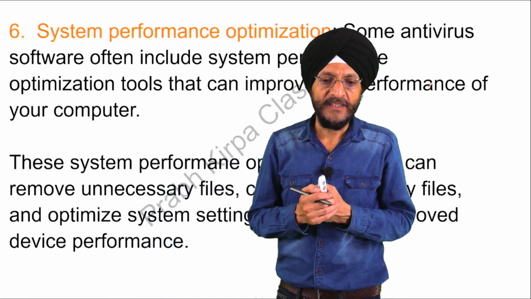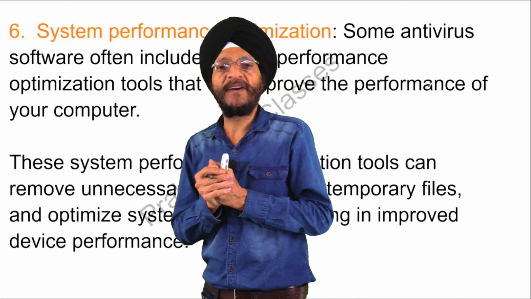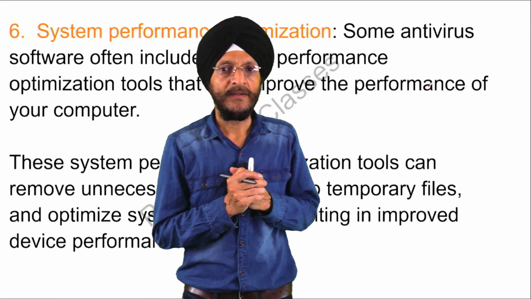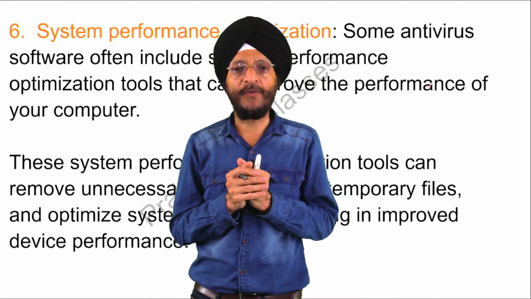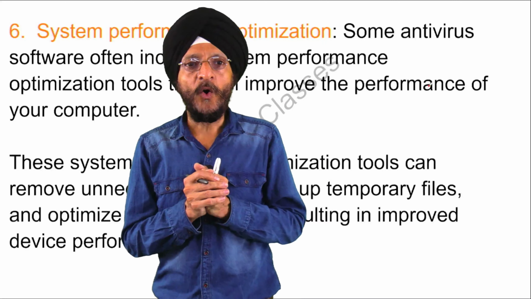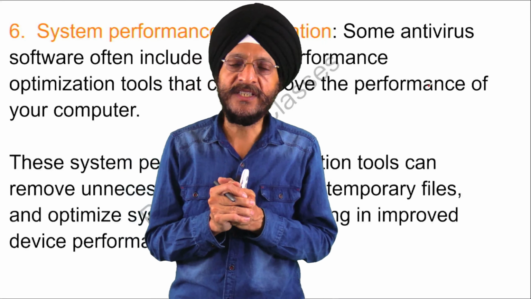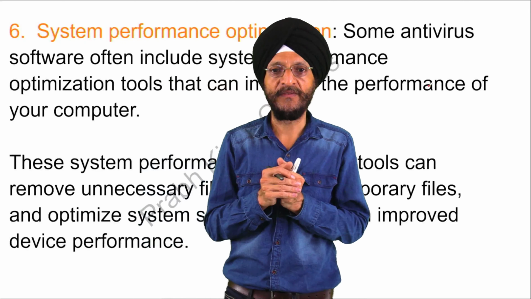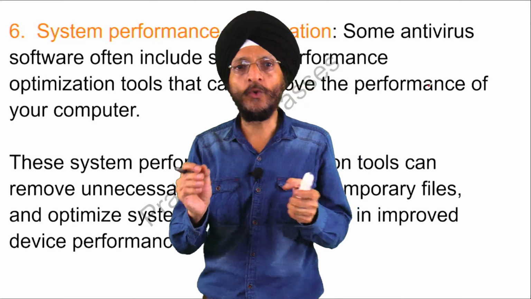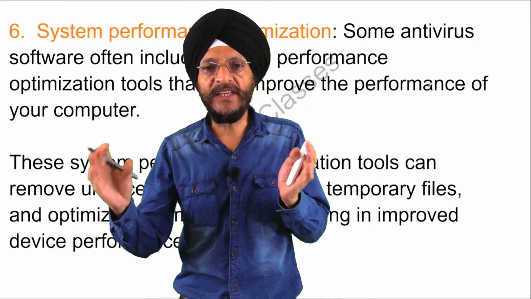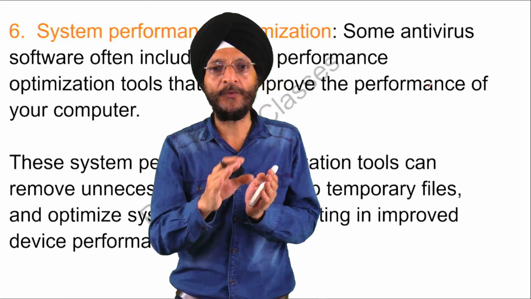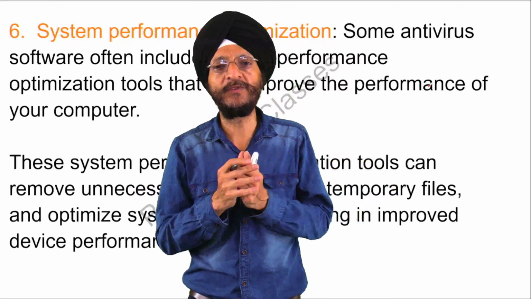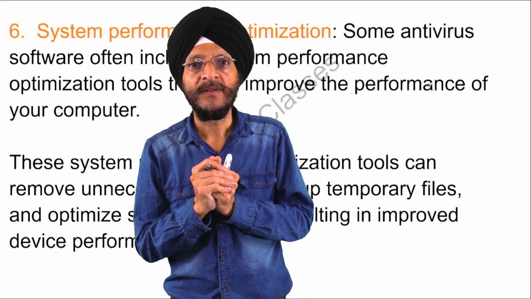Now the next benefit of antivirus is system performance optimization. Some antivirus software often include system performance optimization tools. What are those? These are tools which can improve the performance of your computer. How do they improve the performance of the system?